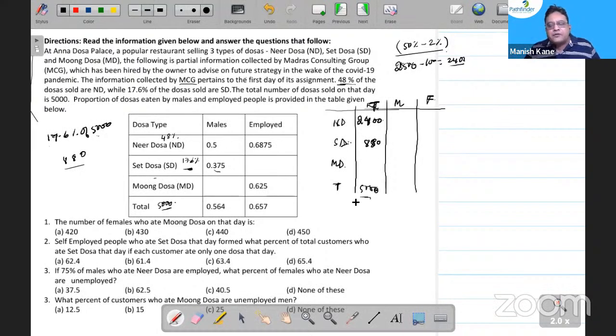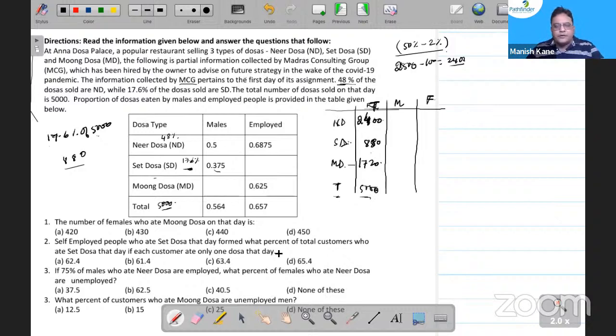Obviously, the balance people have consumed moong dosa. What is the balance? This is 2400 plus 880, 3280. So you get 1720. So the number of people who have eaten moong dosa is 1720.